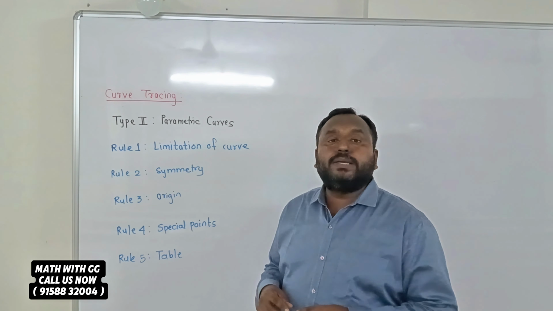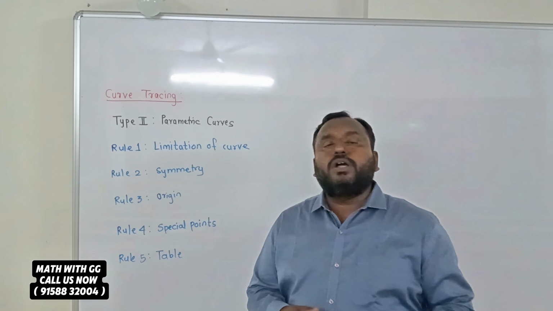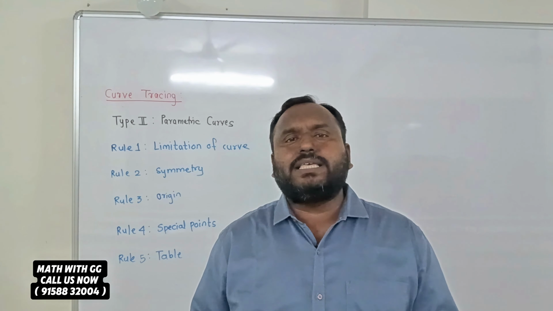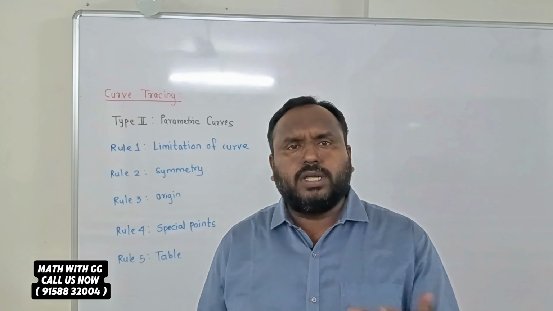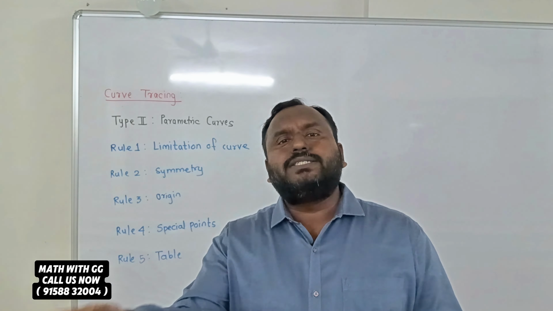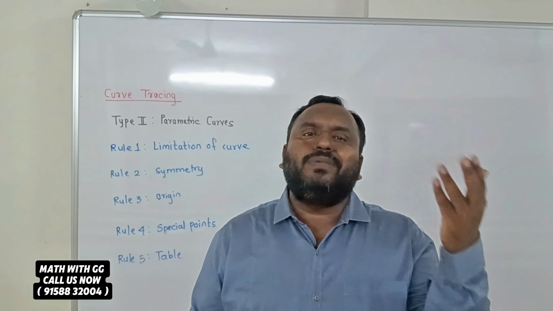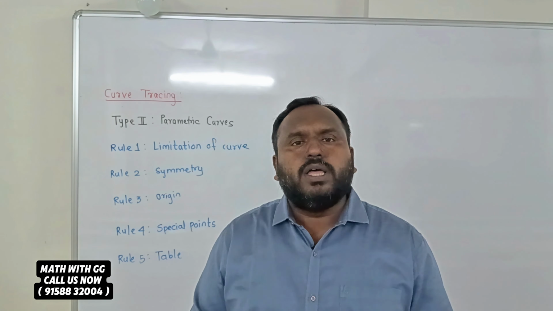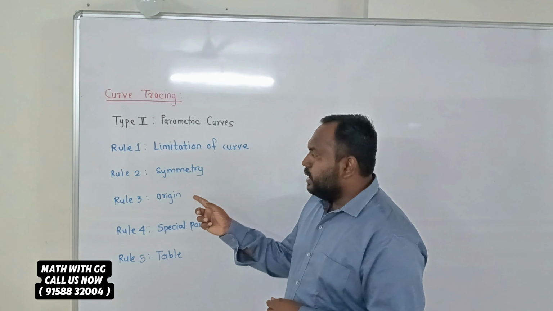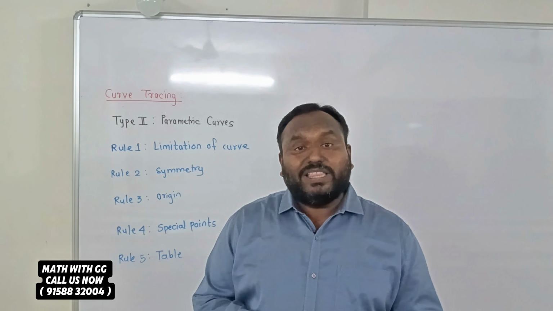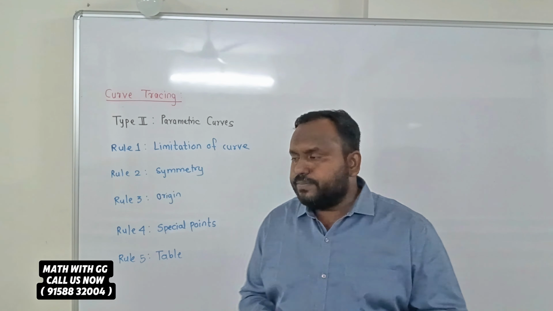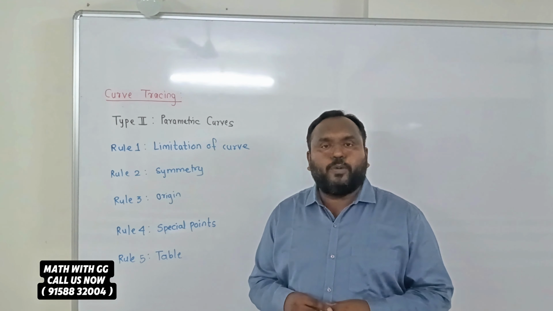The second is symmetry. We'll check whether the curve is symmetric about x-axis or y-axis or both coordinate axes, or there is some other possibility about some line or opposite quadrants. We will check in rule number 2. Third point, origin, whether the curve passes through origin or not. Rule 4, special points.